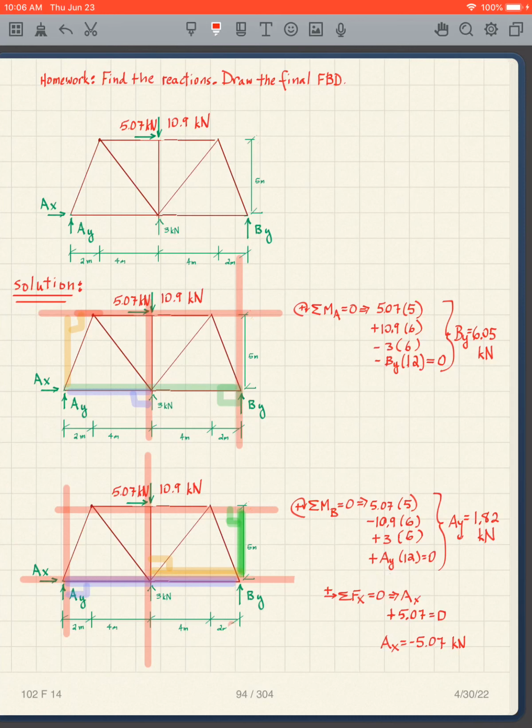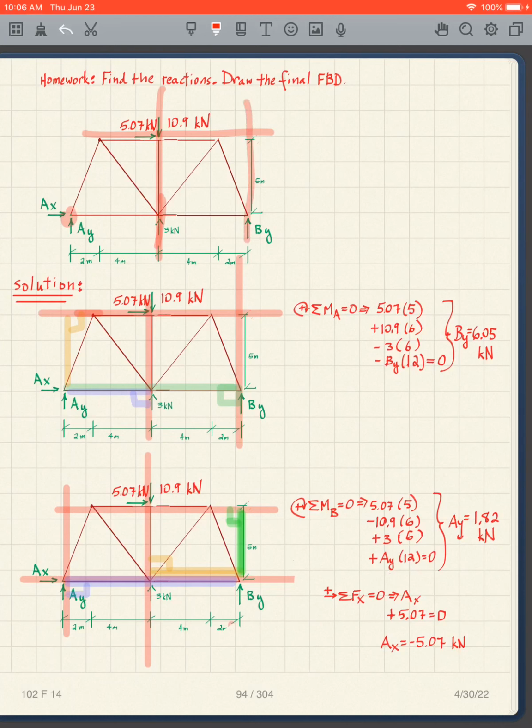All right, so we have our lines of action of the forces, and if we're going to take moments about A, then I'm going to look at the other forces. I have a line of action there, a line of action there. This 3 kilonewton is the same, and line of action there.